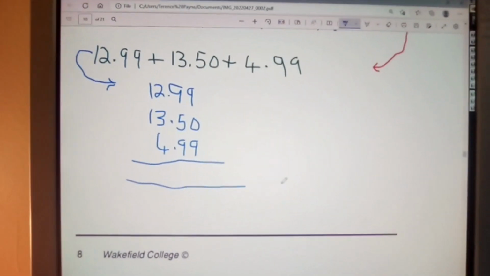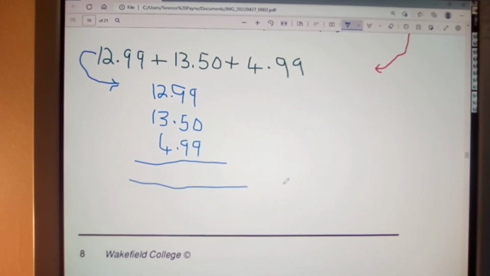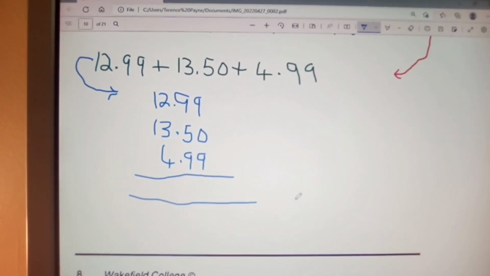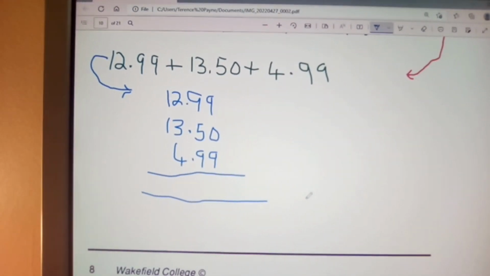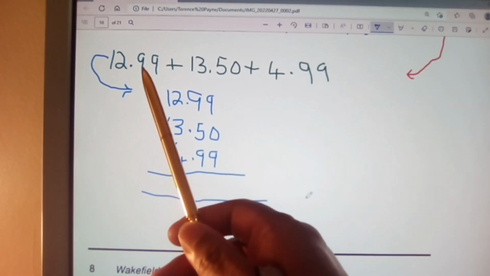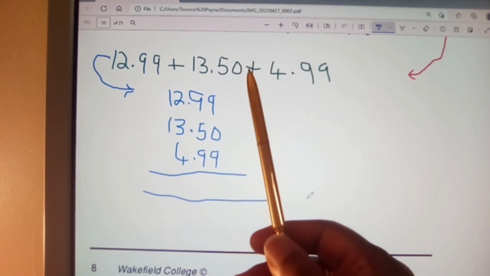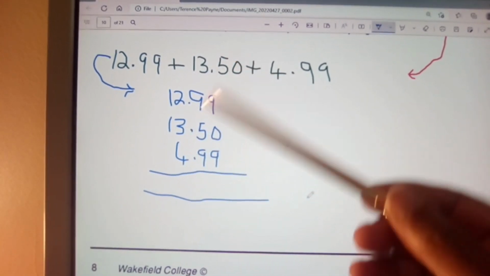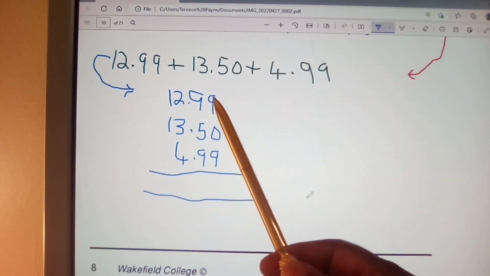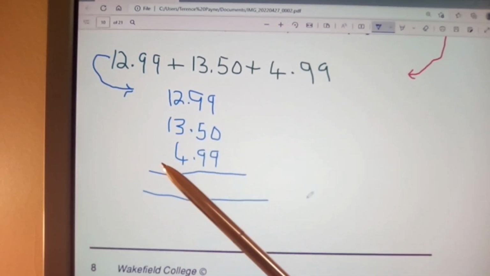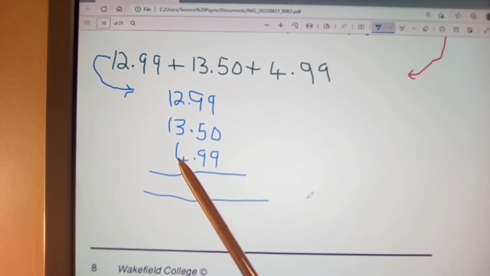Now, what do you notice about this setting out for the addition part of this question? Look at how we've put the numbers down. We've taken this data, £12.99 plus £13.50 plus £4.99, and set it down in an addition column. Look at which column we've put the 4 in.